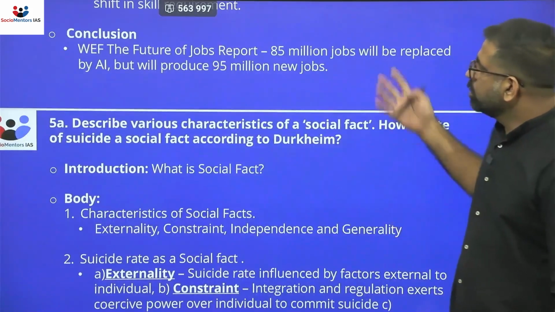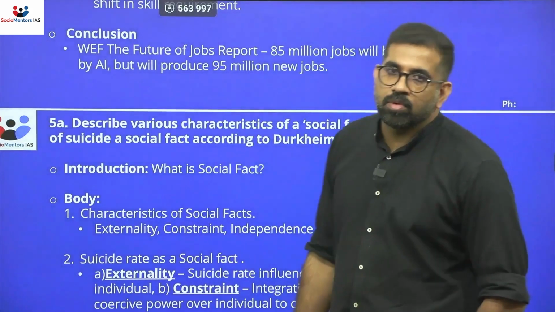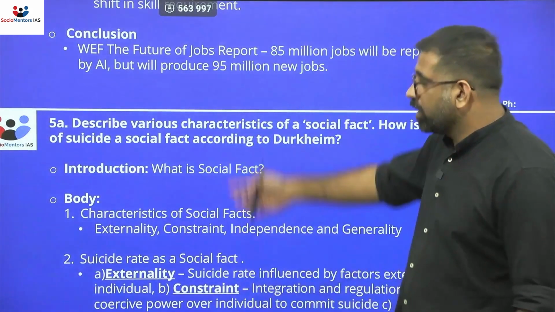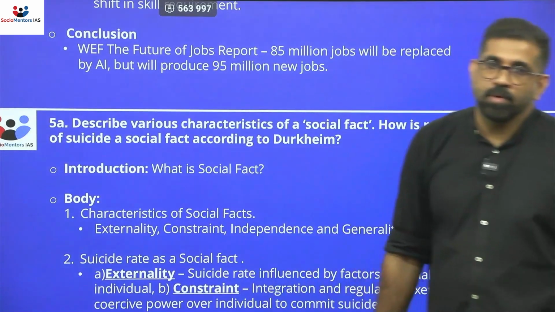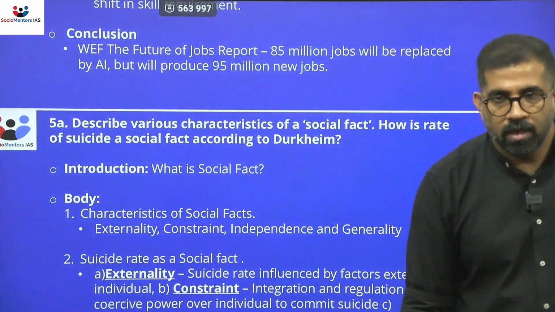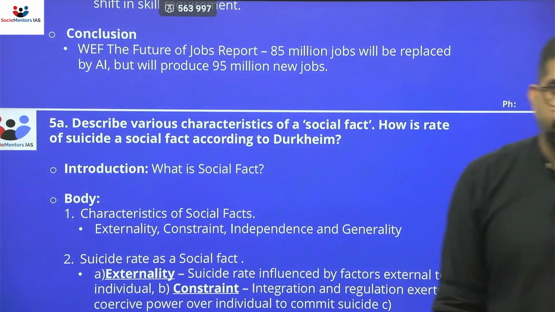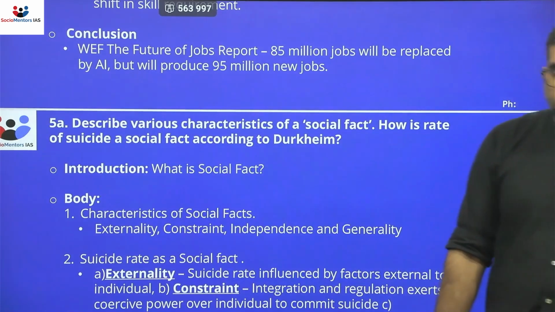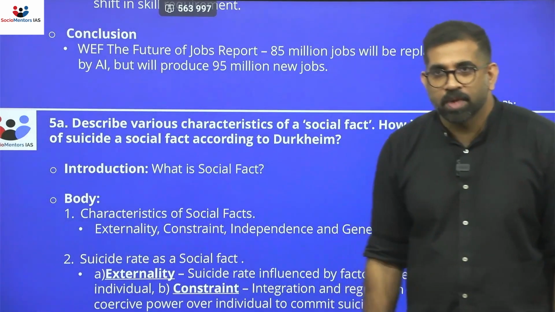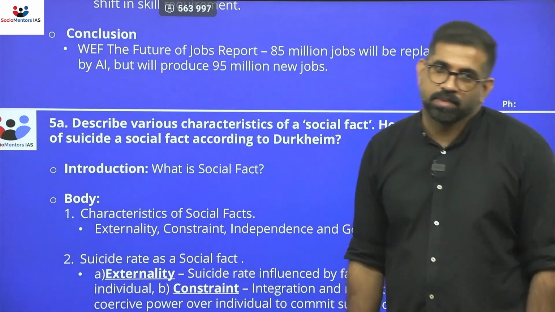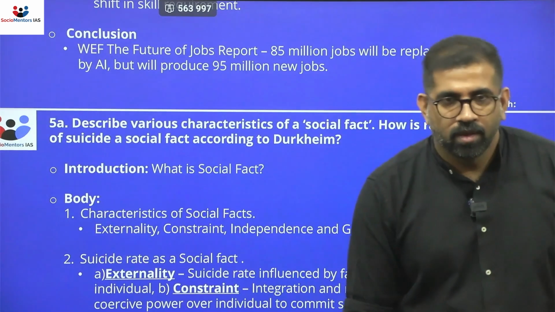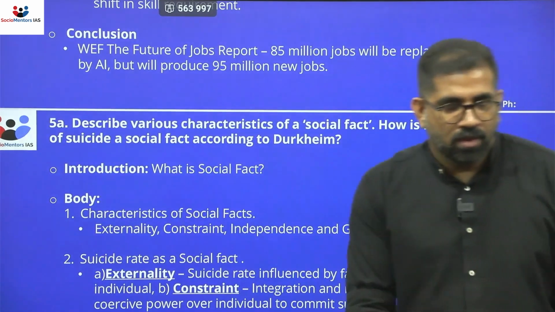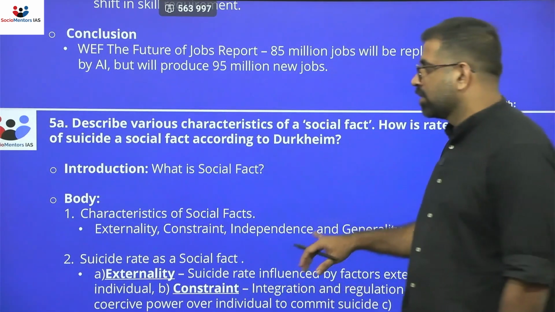And in conclusion, you can mention that according to the World Economic Forum's The Future of Jobs report, 85 million jobs will be lost because of artificial intelligence, but at the same time it is expected to bring 95 million new jobs as well. So you can mention it and end the answer.